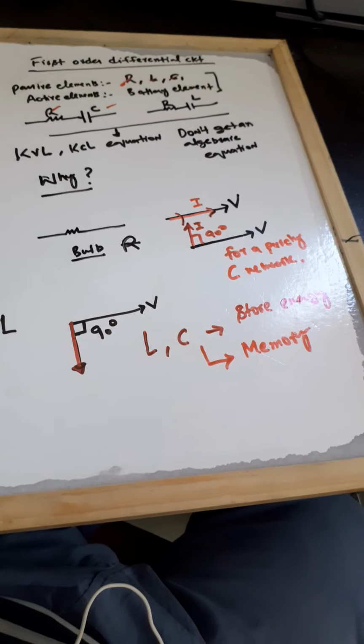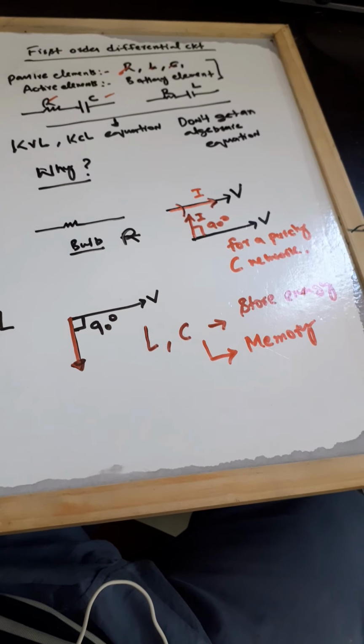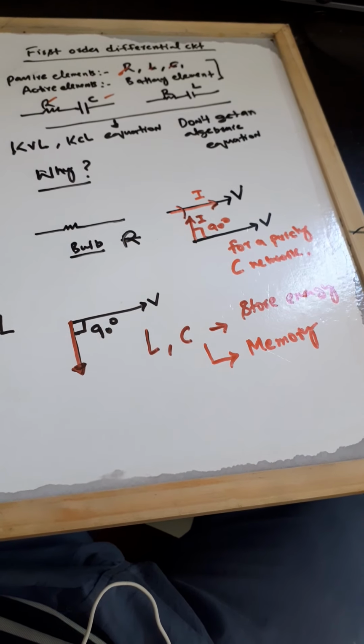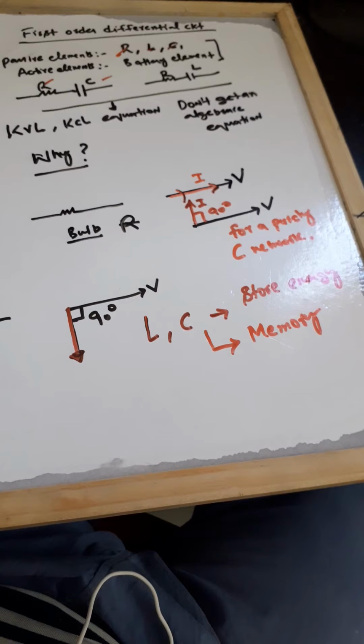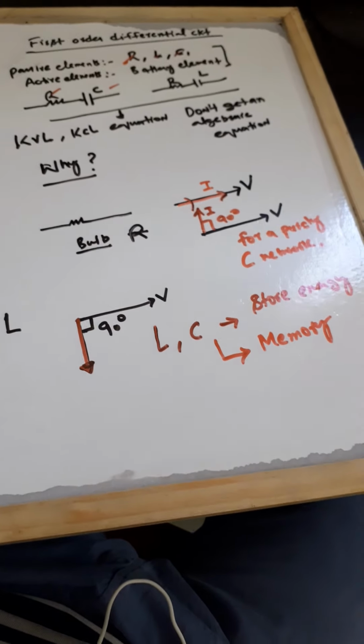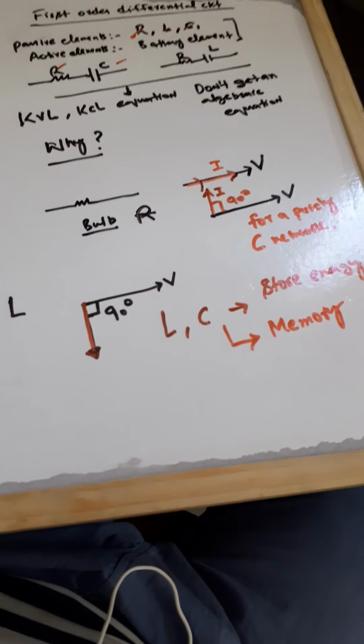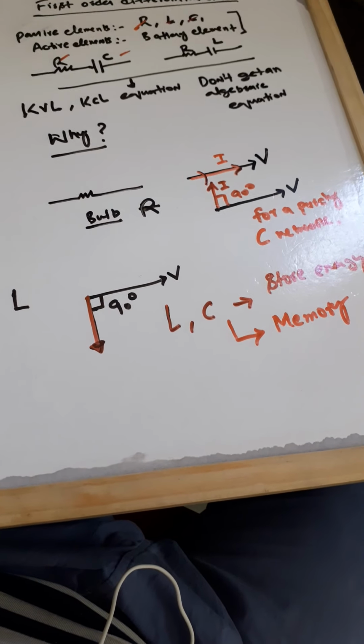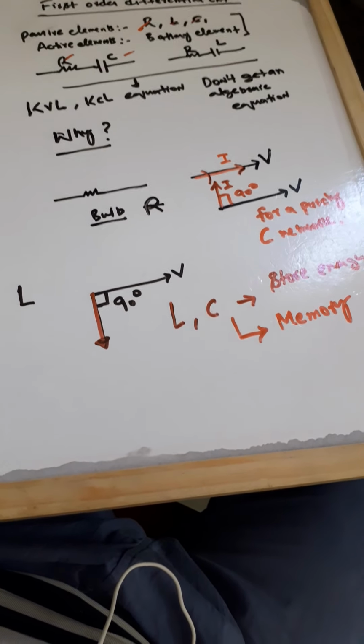Whenever you switch off your television, although you are switching off instantly, your television goes off, but there is one small red color LED light next to the TV screen at the bottom of it. It takes some time to switch off because it is storing some energy, and that is the capacitive element.